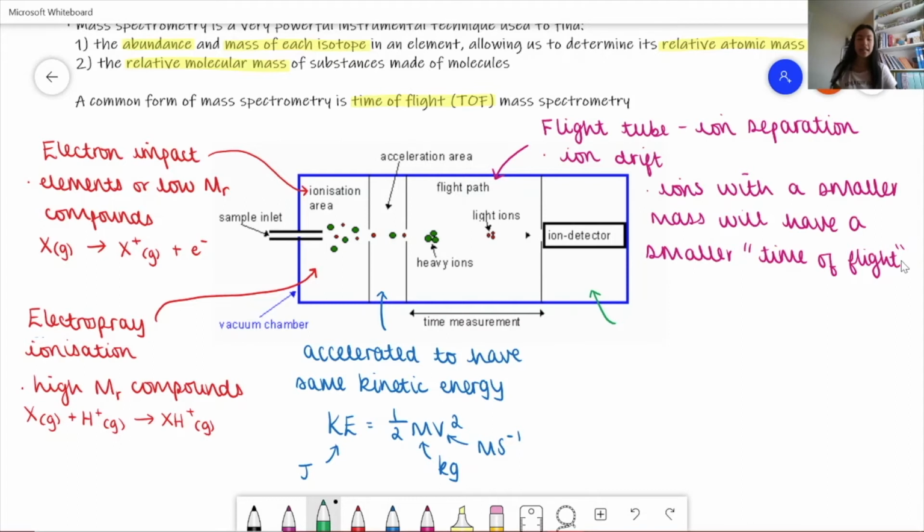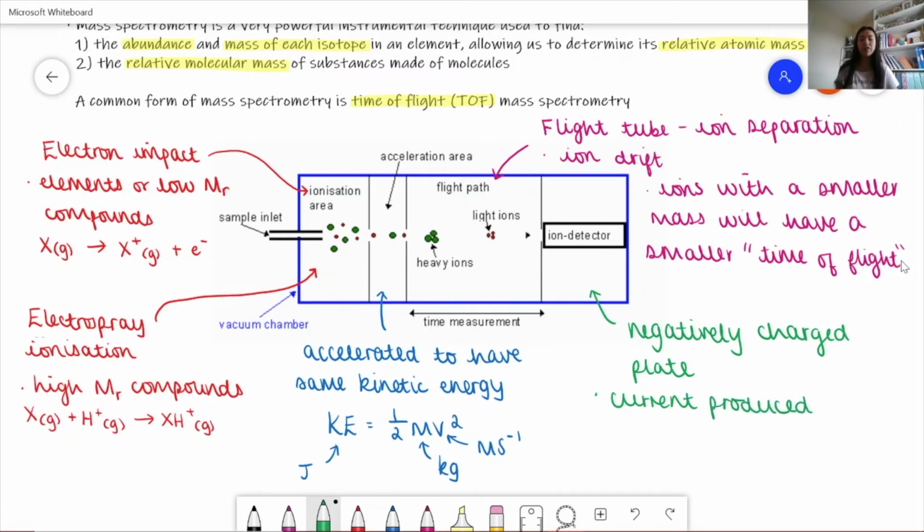So this detector is a negatively charged plate. And a current is produced when ions hit this plate, because an electron gets transferred from the plate to the ion because the ions are all positively charged.